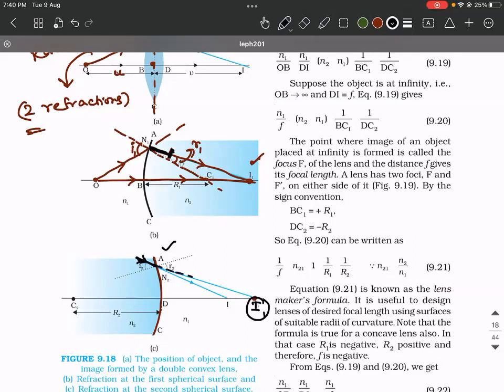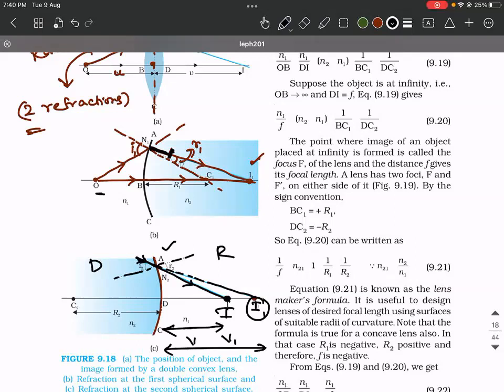Had this not been there, it would have traveled in this path. But since it is there, it travels from denser to rarer, so it starts bending away from the normal. This is the normal, and it bends away so that the final image is located at point I. Then this distance will be V, and this distance will be V1.